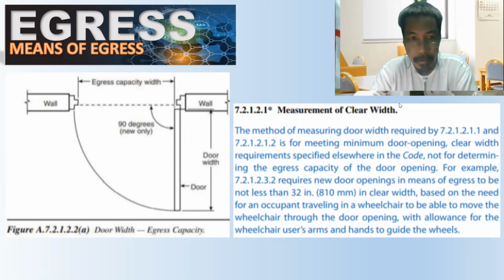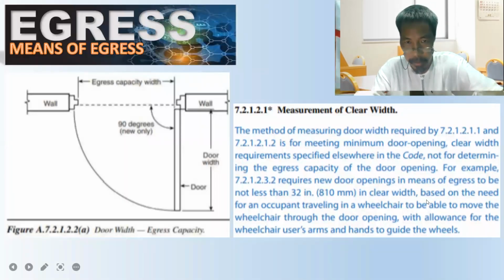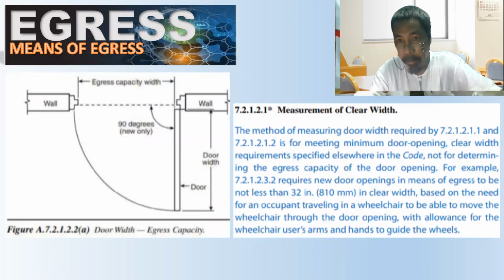So let us continue. The method of measuring clear width is required by several paragraphs in the code for meeting minimum door opening clear width requirements specified elsewhere in the code, not for determining the egress capacity of the door opening.